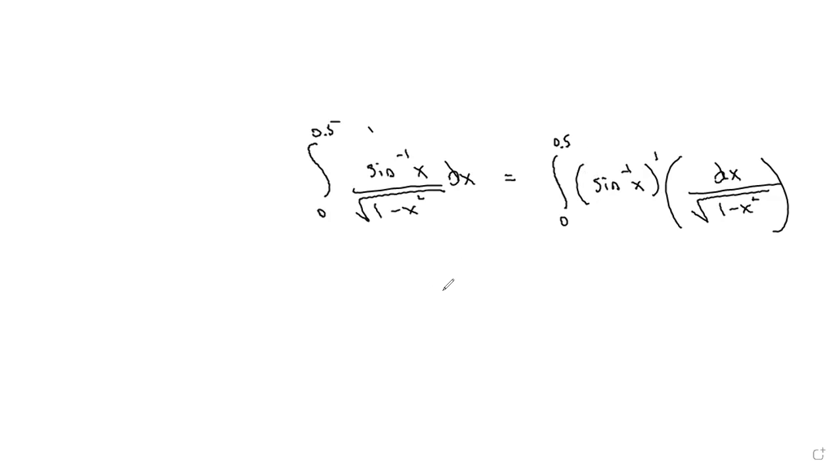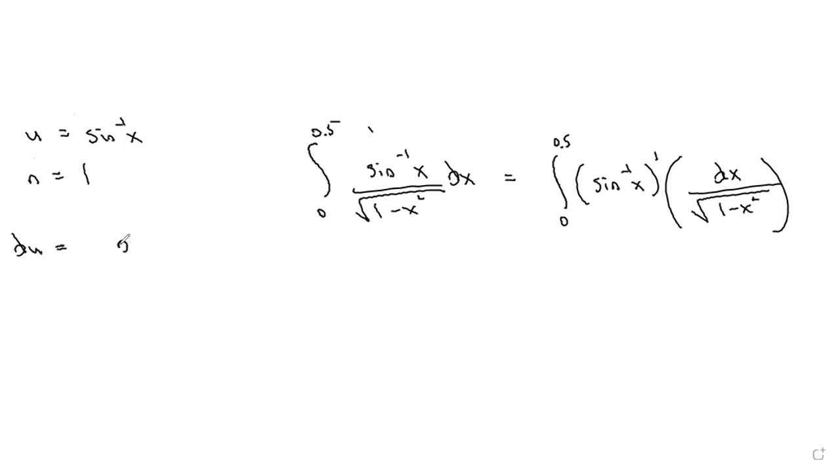Okay, so in this case, let's establish everything, especially since this one's a bit messy. So u should be sine inverse. So far, so good. n is 1. And then du should be the derivative of sine inverse.